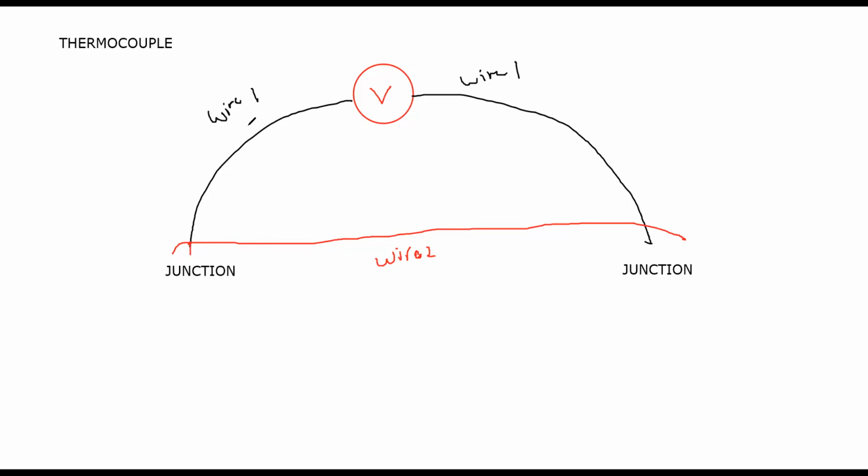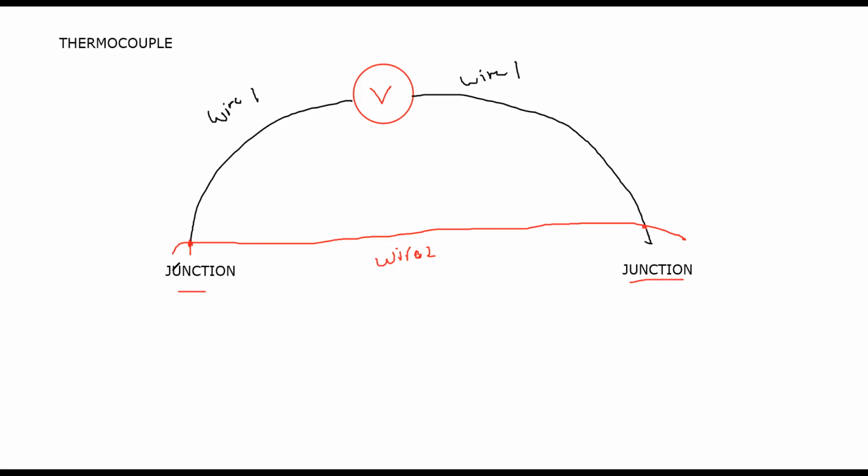Now, what happened? It is made up of wire one, which is coming out from the voltmeter, and wire two, which is made up of a different material. The two wires coming out from the voltmeter are connected by another wire, which is wire two. The point where the two wires intersect, we call a junction.